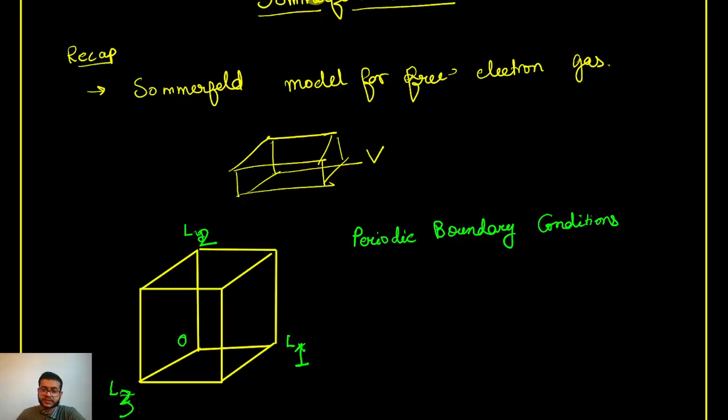So what we will see is that psi at this boundary should be equal to psi at this boundary. So psi of x, 0, z equals psi of x, L2, z.